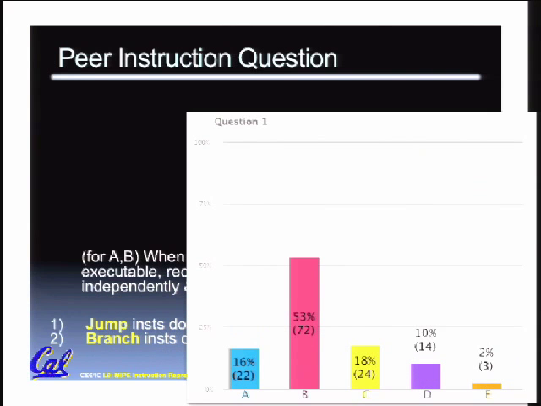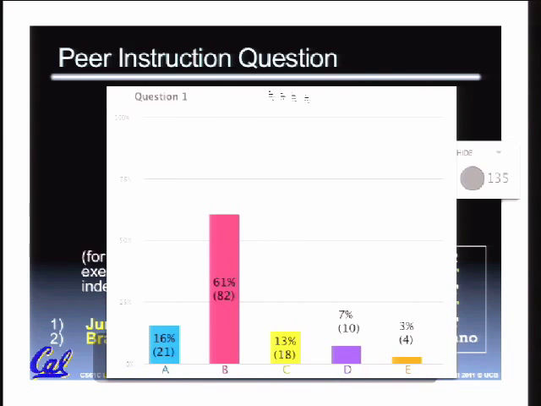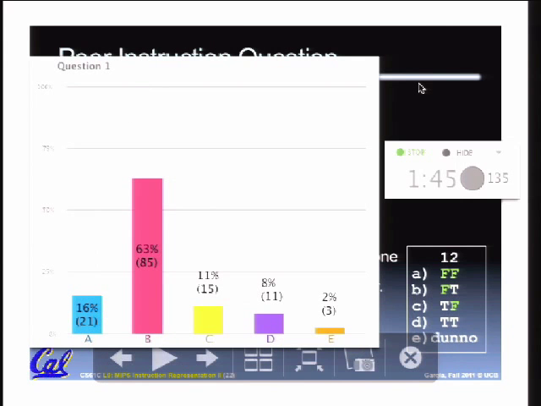So let's take a look at the question. Now let's discuss among ourselves for like 1 minute. I guess this kind of already counted as peer instruction, right?